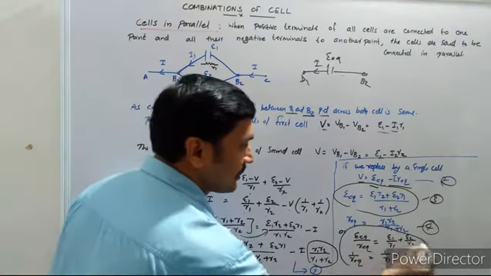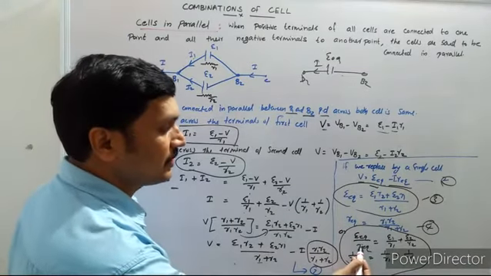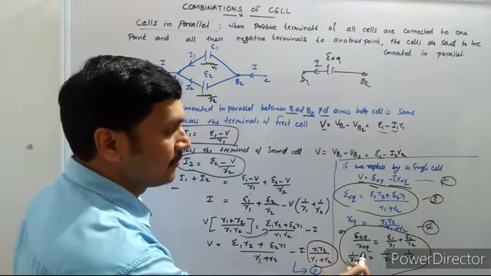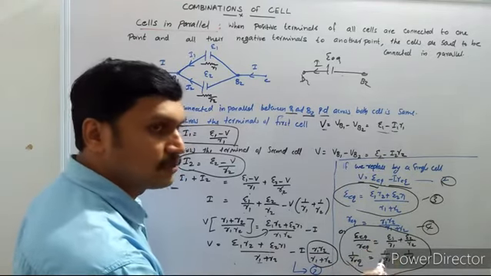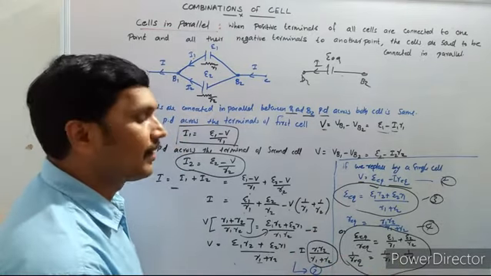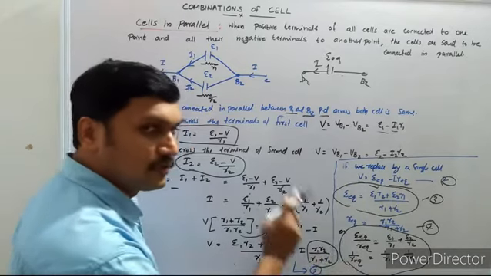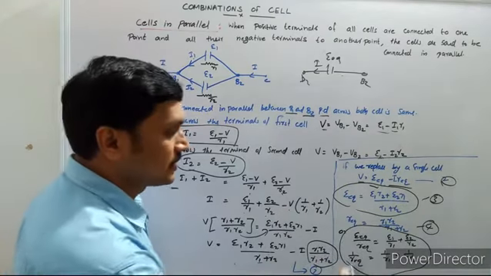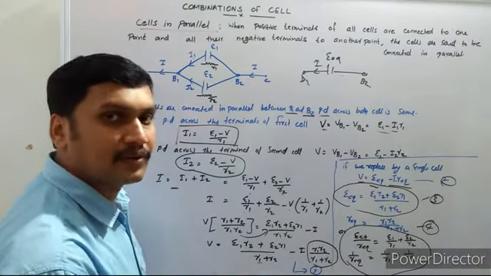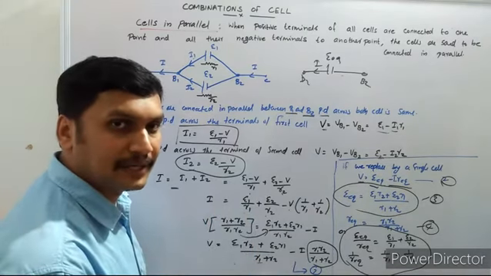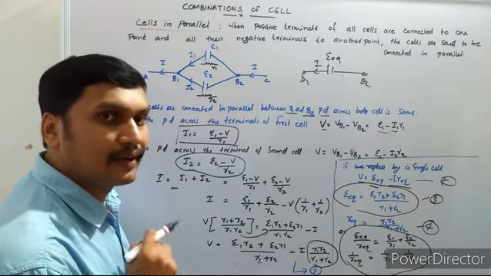So if you are connecting cells in parallel combination, the effective EMF, E equivalent by R equivalent, can be written as E1 by R1 plus E2 by R2 plus etc. up to En by Rn. And 1 by R equivalent, the reciprocal of the effective internal resistance, is equal to 1 by R1 plus 1 by R2 plus etc. up to 1 by Rn. That's the effective value of EMF and internal resistance in parallel combinations.